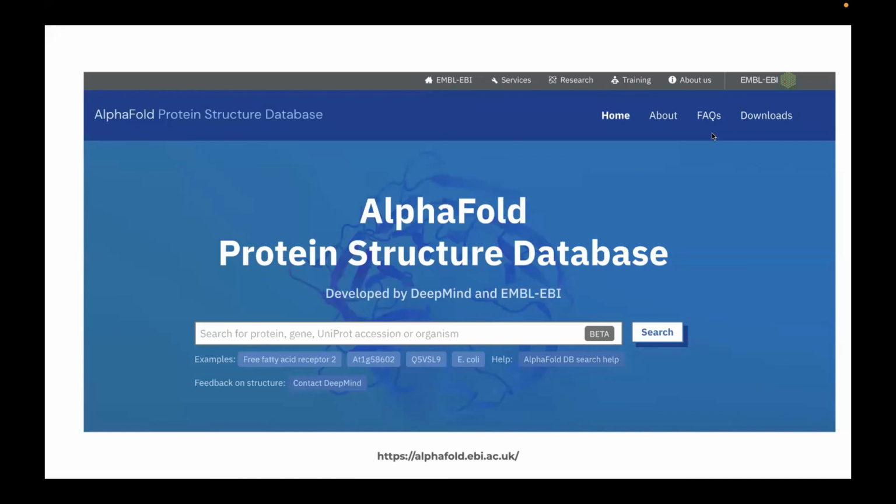As I was saying, the latest version of this database contains 200 million protein structures and provides broad coverage of UniProt, where you will be able to see protein sequences as well as the annotation. It's a great place to come up with research proposals and problems.